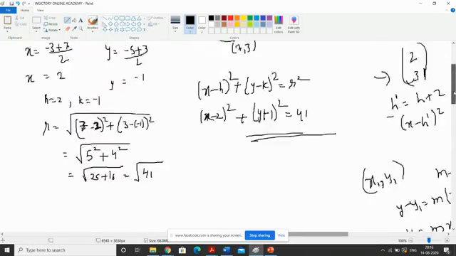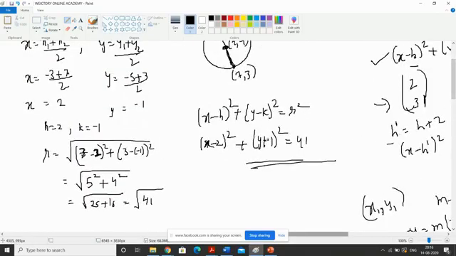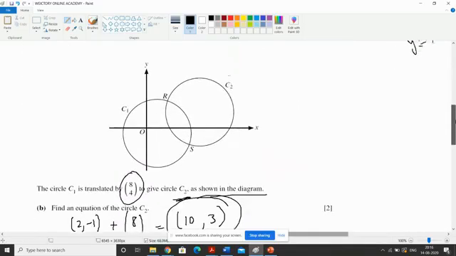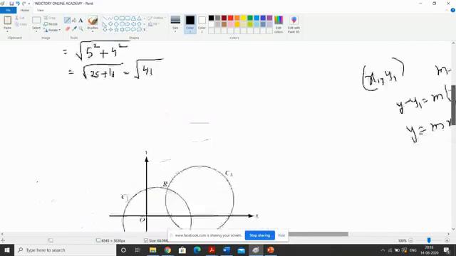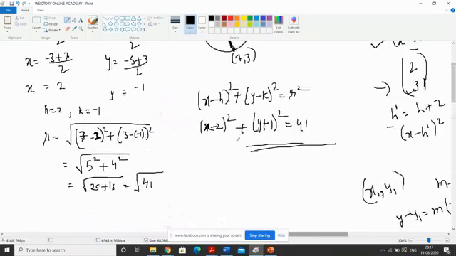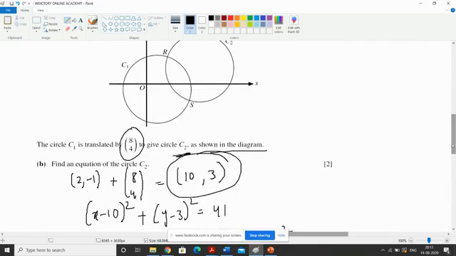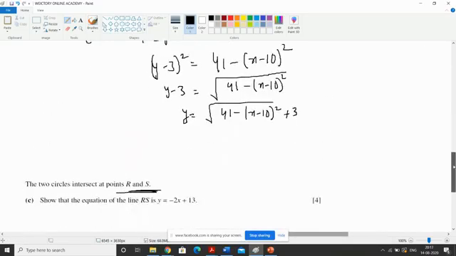And then from the other circle's equation also, you can find the equation in terms of y. Once you get the equation from this side, equate both the y's and solve it.